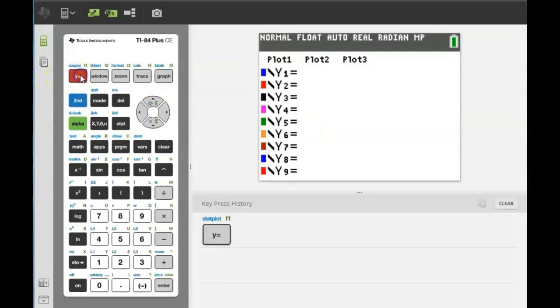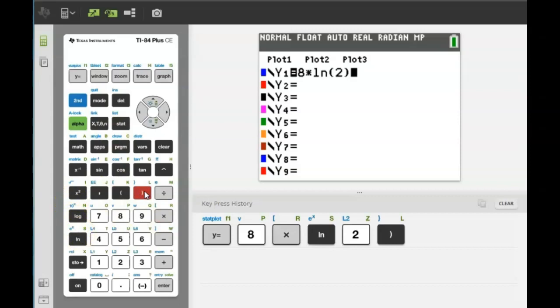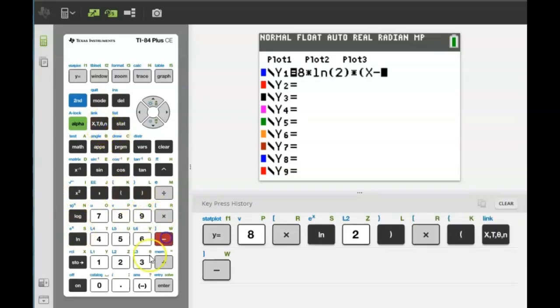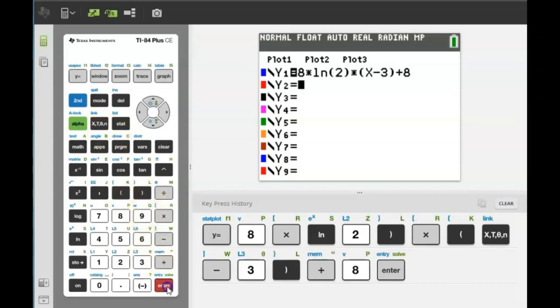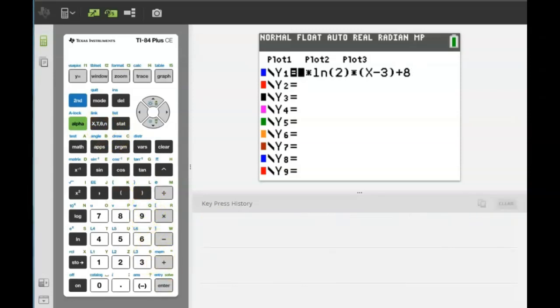Press y equals, and then for y1 enter 8 times ln 2 close parenthesis times open parenthesis x minus 3 close parenthesis plus 8. Now that we have stored L of x, we need to substitute the value 2.97 to find our approximation.